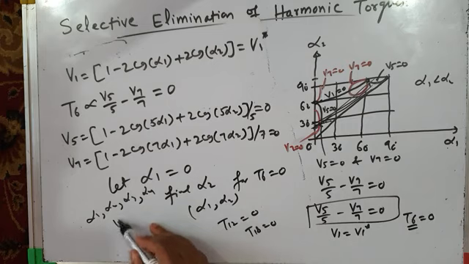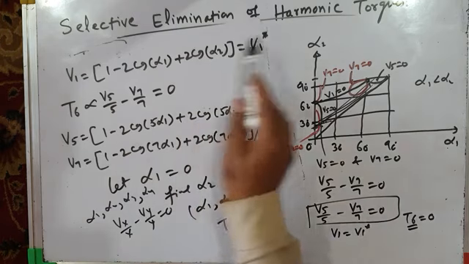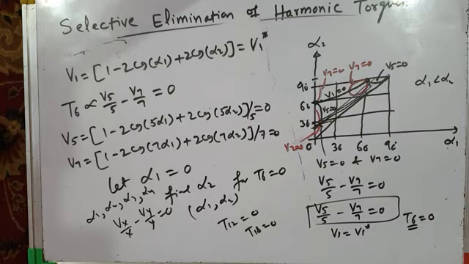Similarly, Vx by x minus Vy by y equal to 0 for eliminating some other harmonic torque. So this is how we can use low switching frequency PWM for selective elimination of harmonic torques. Fine.